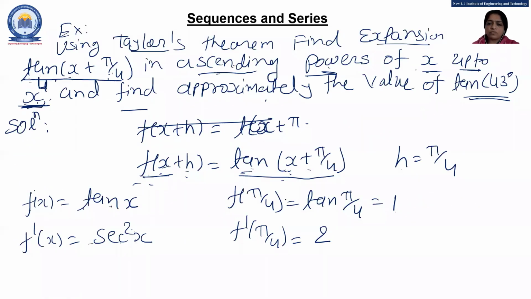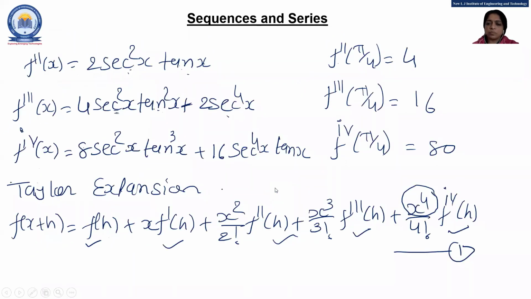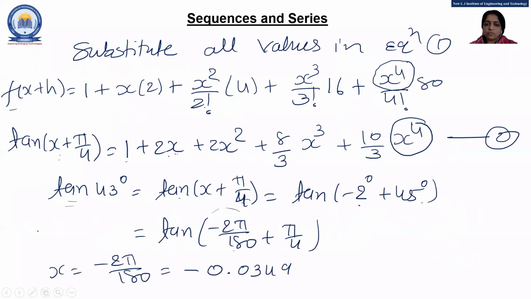We find the values of f of pi by 4, f dash pi by 4, up to the fourth derivative at pi by 4. Then we'll write the Taylor series expansion in the ascending power of x up to fourth power, right? Then we substitute all the values of f of h, f dash h up to the fourth derivative of h, and we'll get the Taylor series.